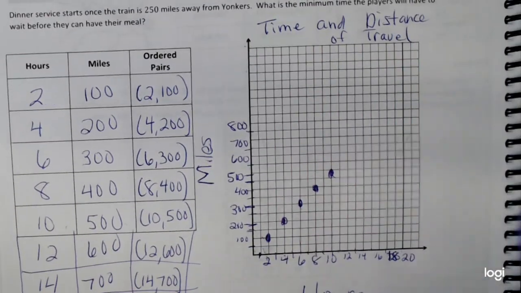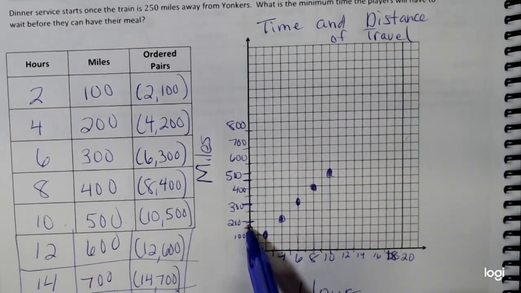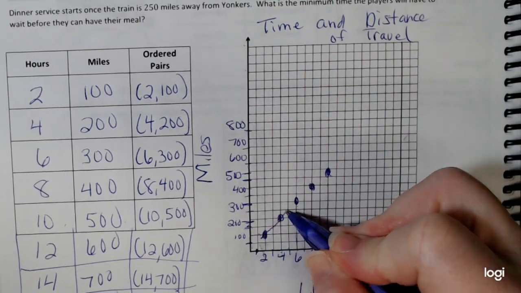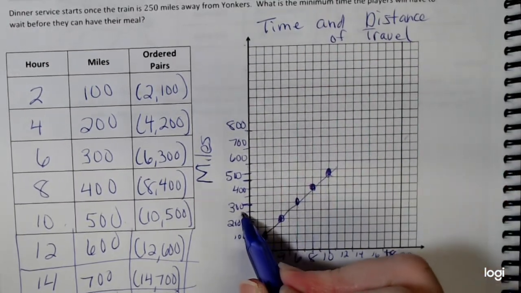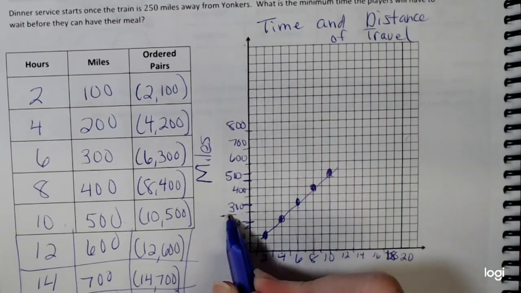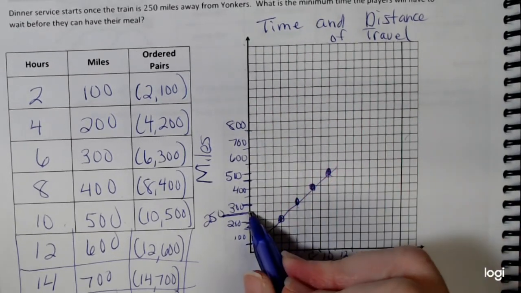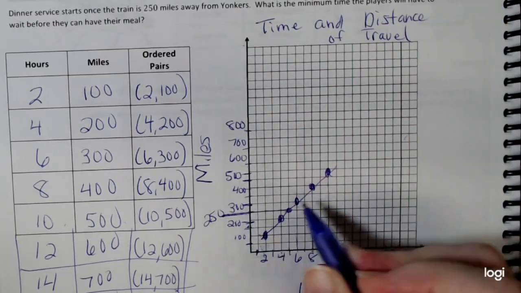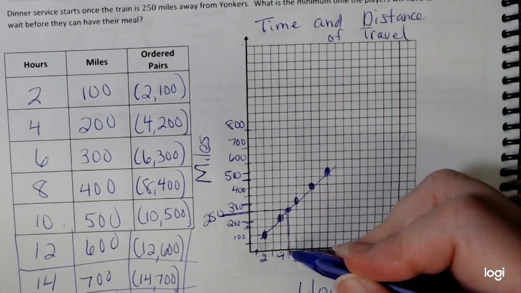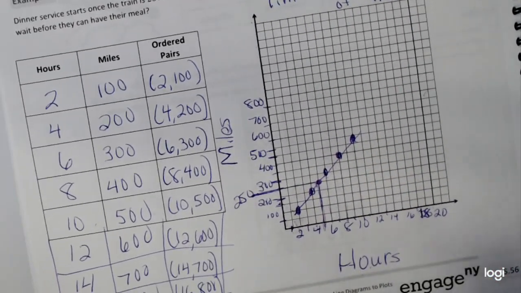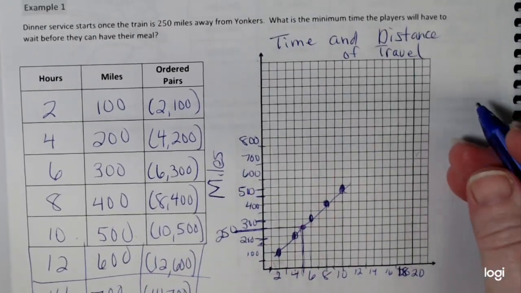So if I look here, 250 is going to be between my 200 and 300. And so as I connect these, if I come between here, 250 miles, and go straight across, it looks like I'm going to hit here at about 5 hours. So my answer would be 5 hours.